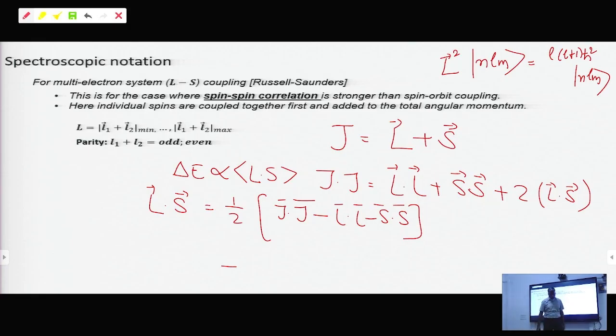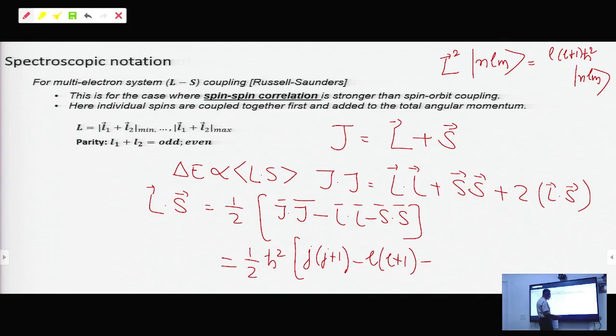Okay? So what you can write is, what we want is the L dot S. This can be written as half h-bar square, and then we will have J into J plus 1 minus L into L plus 1 minus S into S plus 1.